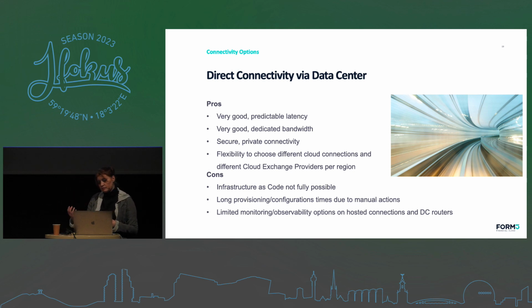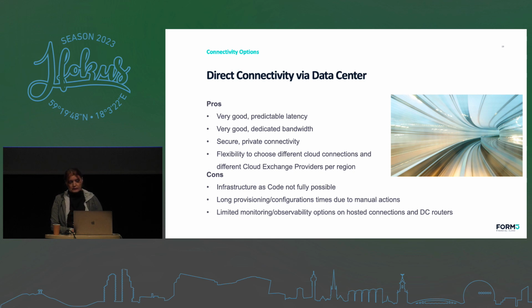However, you have more flexibility because you can choose different cloud connections and different cloud exchange providers per region. You can configure and tweak your physical routers, so that's a big plus.